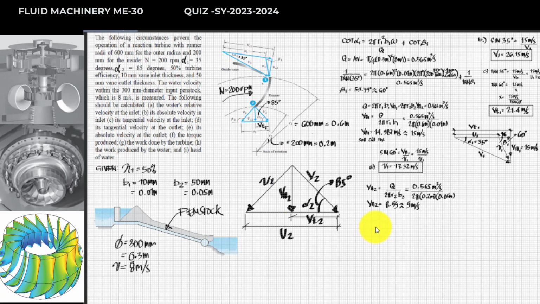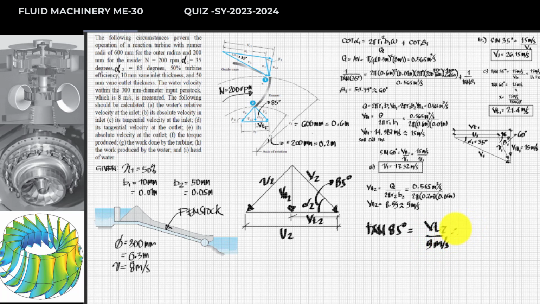Now, we can use tangent to get the value of my tangential velocity. So to get the value, that will be tangent of 85 degrees. My adjacent here, TOA, so that will be the Bt2, and this is all over the value of the normal velocity, which is 9 meter per second.